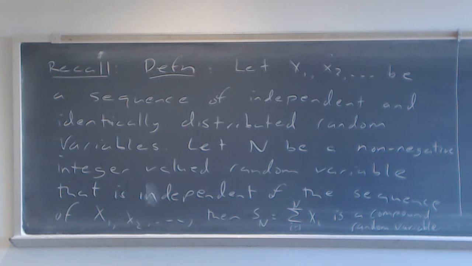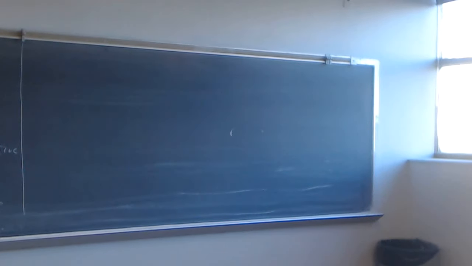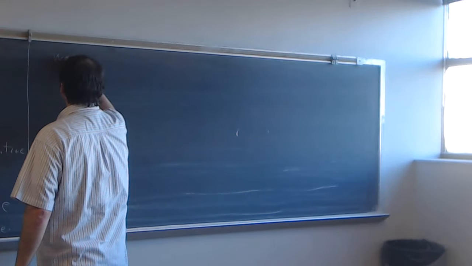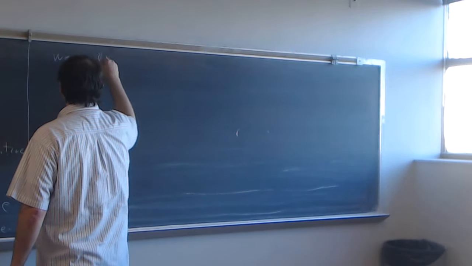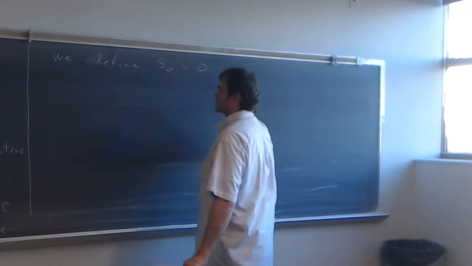And I would like to add something to this definition. In this recalled definition, I'm not sure I've been so explicit before about N being a non-negative integer value random variable. Non-negative means that N could be 0. So in this setting, as part of the definition, we define S sub 0 to be equal to 0.